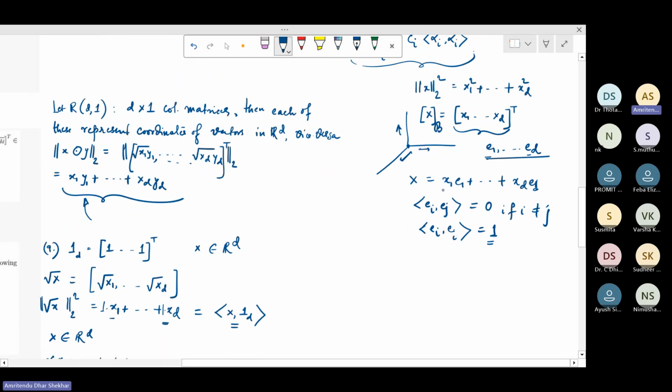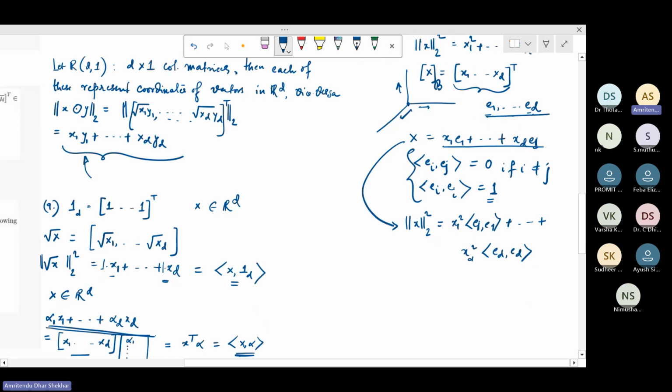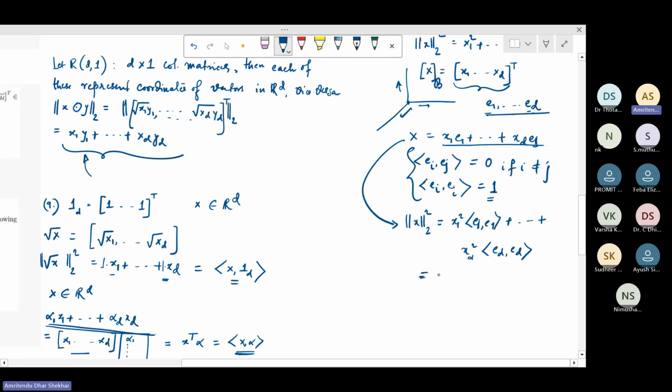With this notion, if I compute the norm of x squared, it would be equal to x_1 squared times the inner product of e_1 with e_1, up to x_d squared times the inner product of e_d with e_d, because each of these unit vectors is orthogonal. This is actually equal to x_1 squared plus up to x_d squared.